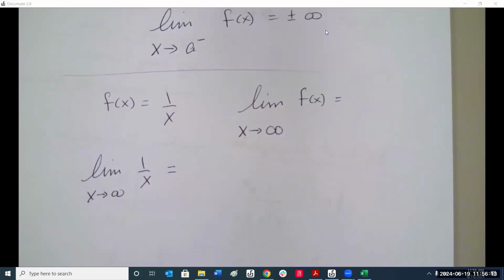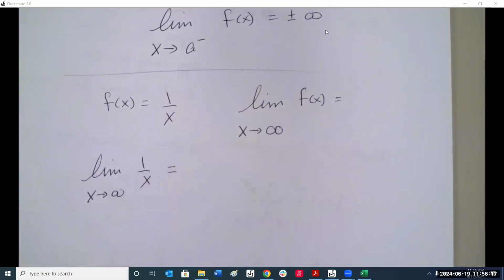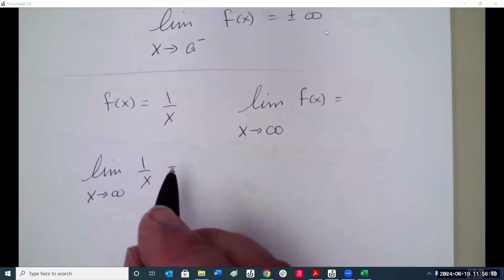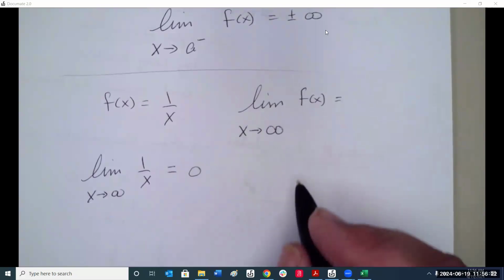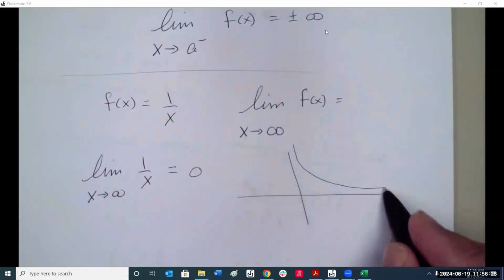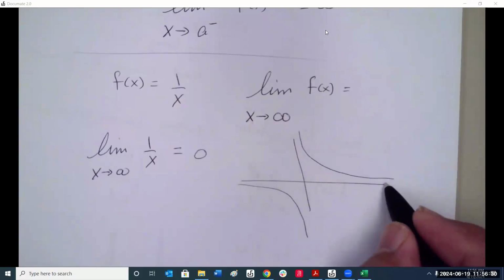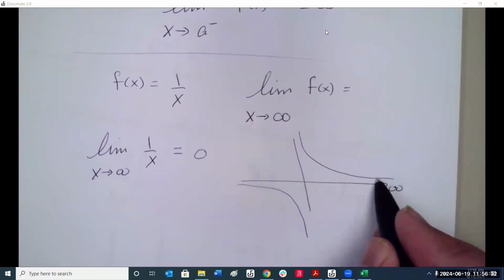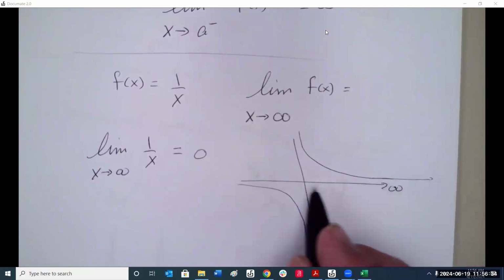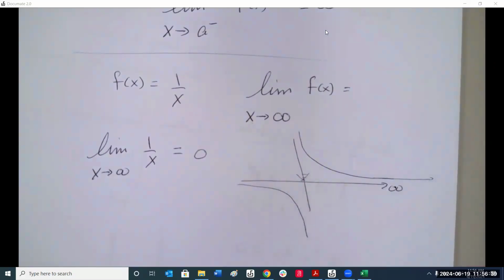As x goes to infinity, what's the limit of this function? 0. It helps if you look at the graph. The graph of this function looks like this. As x goes to infinity, it keeps on going forever, lower and lower, approaching 0.